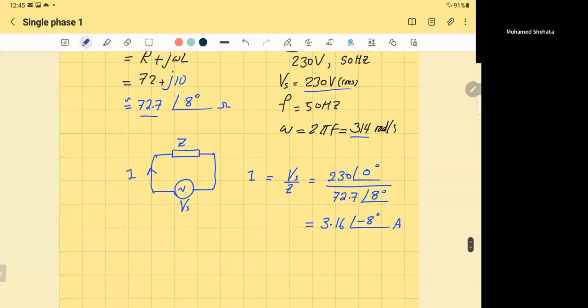So I can write for you here that theta voltage is equal to 0, and theta current is equal to -8, and theta Z of the impedance is equal to 8. So obviously, there is a relationship between the angle of the impedance and the angle of the current, because you divide. So it's like the difference between them. So 0 minus minus 8 is equal to 8.